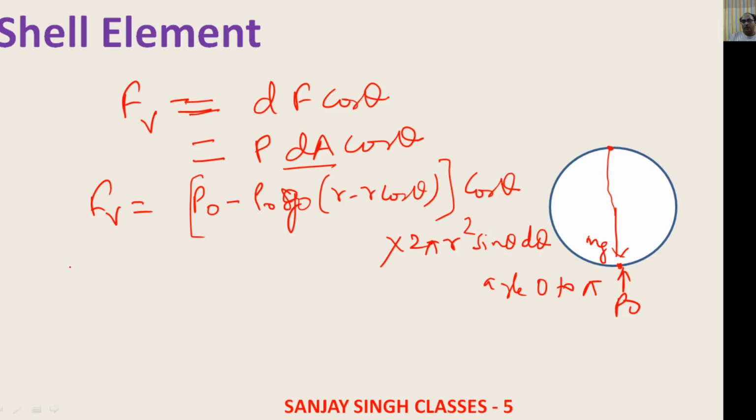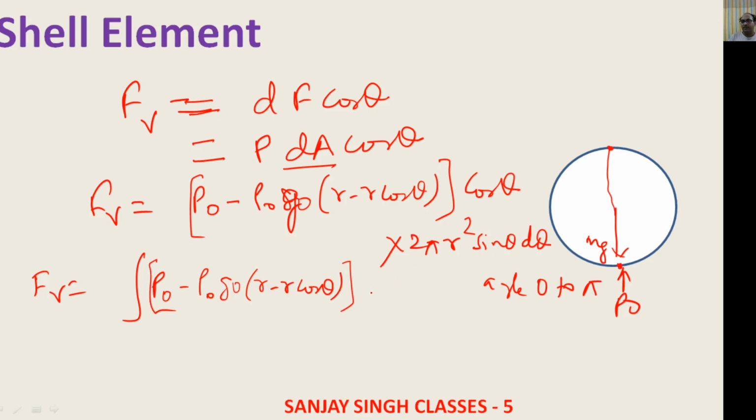So we are going to integrate now. F_v, the total vertical force, will become the integration of this complete expression: P0 minus rho 0 z0 r minus r cos theta, and this will be in brackets.